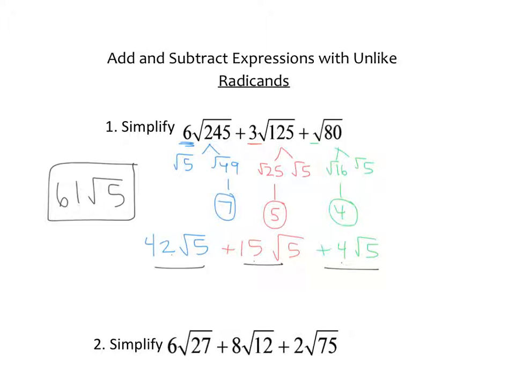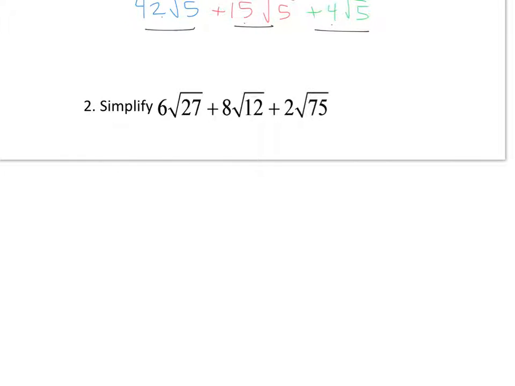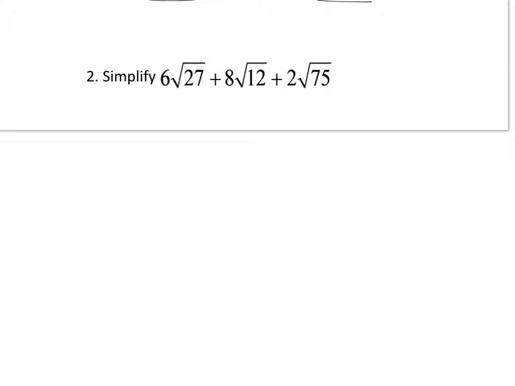All right, let's look at number 2. Number 2 says simplify. Again, some terms that don't appear to be like radicands, but we can be thinking perhaps they might turn into like radicands. And let's look at 6 square roots of 27. I'm going to break down 27 into the square root of 9 and the square root of 3, and out comes a 3.